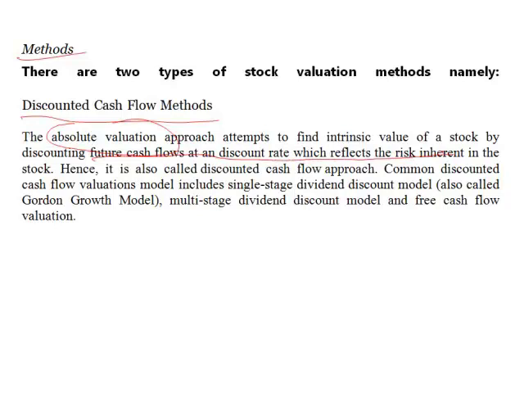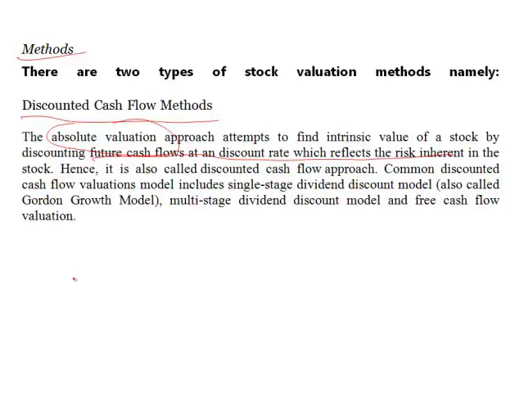See, my brothers, if you want to know the value of anything, the value of anything is what? It is the discounted value of all the income or cash flow from that thing. For a stock, for example, the value of a stock is the discounted, or present, value of all the cash flow emanating from that stock.